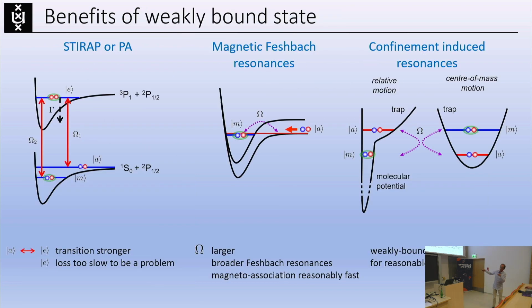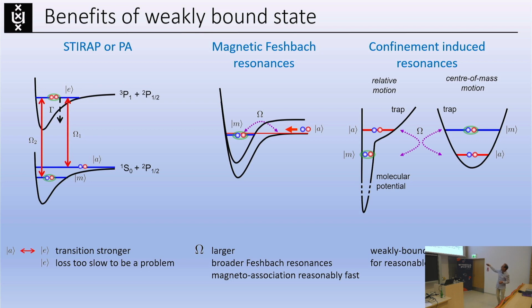So all this improved Franck-Condon overlap helps you for all methods. Here, our stirap first leg is quite weak in the usual Bose-Bose mixture. That should now be much stronger, perhaps strong enough to overcome this loss. The Feshbach resonances, of course, are broader, so perhaps it will work.